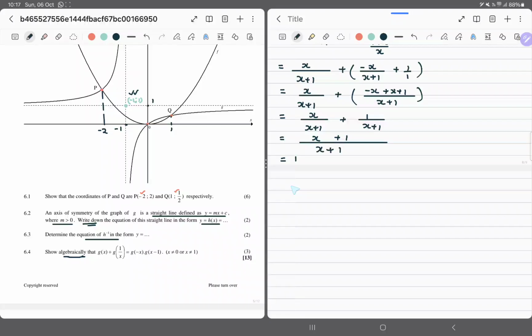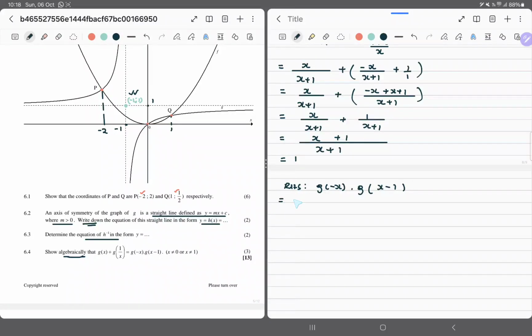And then let's look at the other one. So let's see, what about the right hand side? We have g of minus x, is it? Yes, times g of x minus 1.